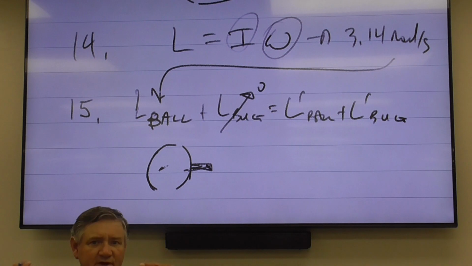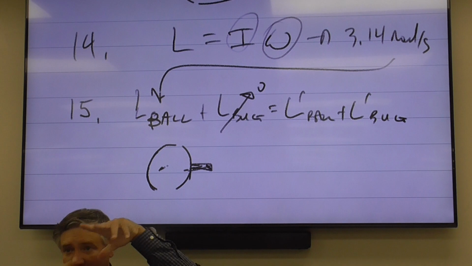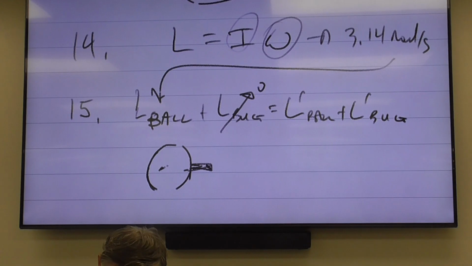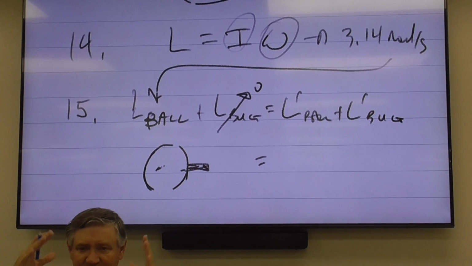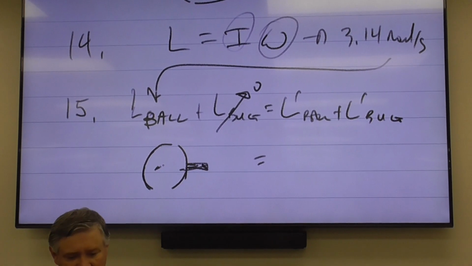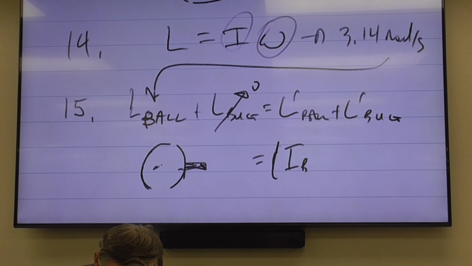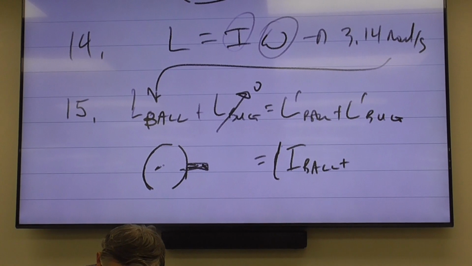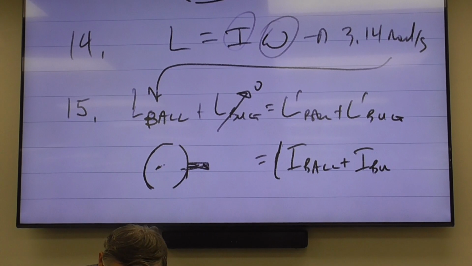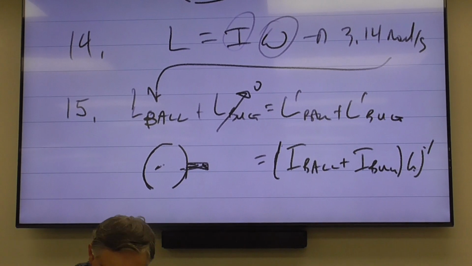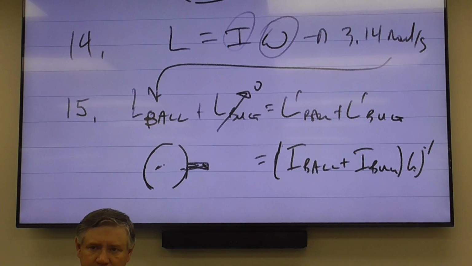So this whole thing is one system. So they're going to be spinning at the same rate. So over here, you can factor out that new velocity. So this is going to be the I of the ball plus the I of the bug times omega prime.